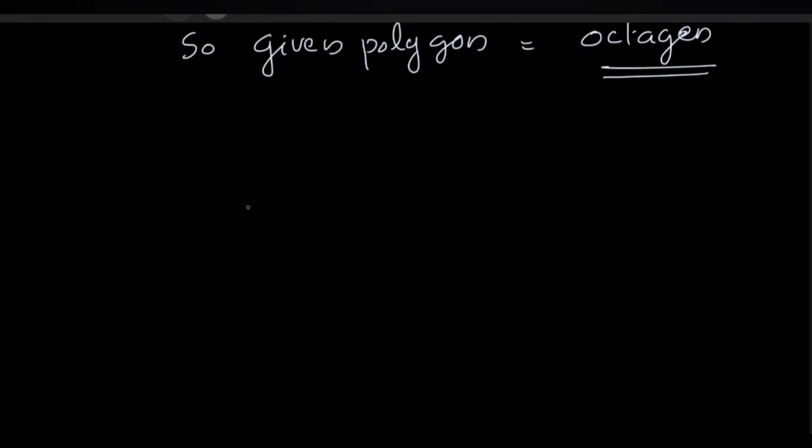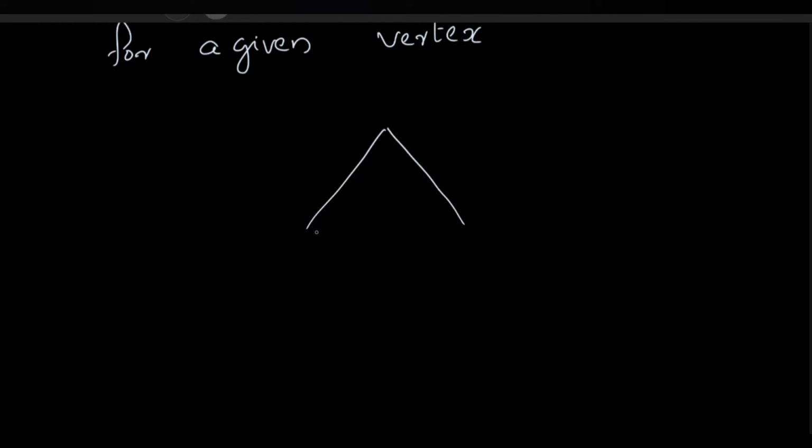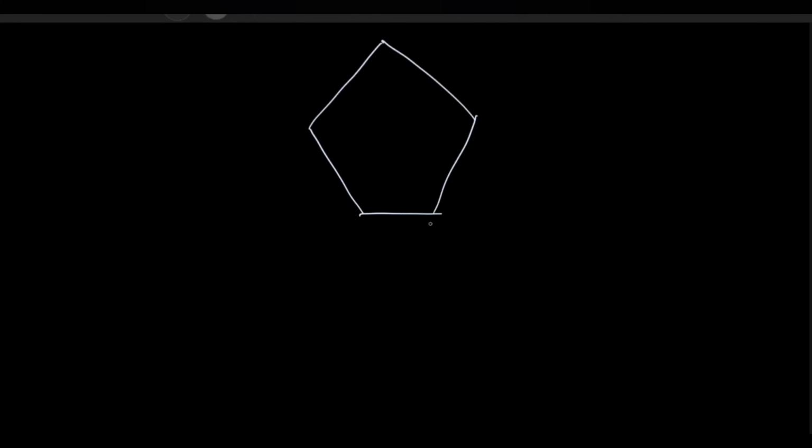And one more condition: for a given vertex, let's assume our polygon, simply think of a pentagon. For a given vertex, the interior angle may be equal to 80 degrees. Then what will be the corresponding exterior angle?